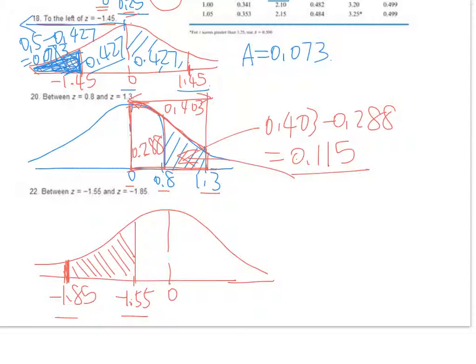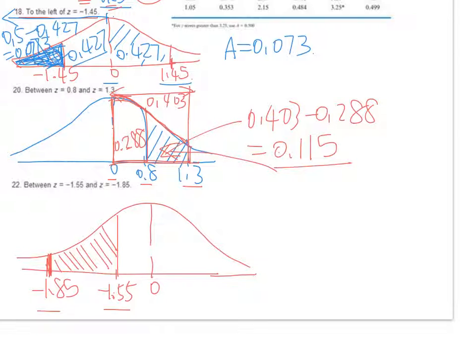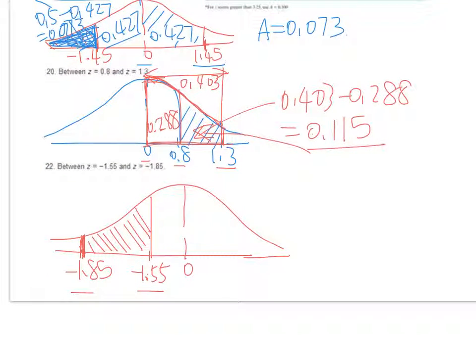So I will go to the table to look up these two z-scores. Let's go to 1.55 first. 1.55 we see right here. I have a value 0.439. 0.439 means it's going to be the area in this region, 0.439. And then we're going to look at 1.85.